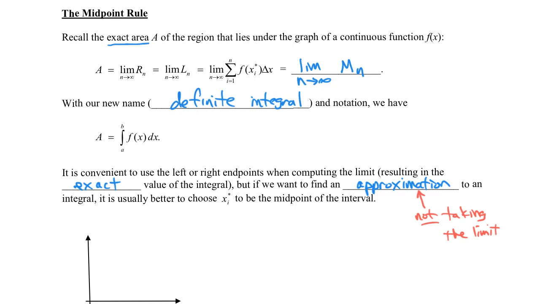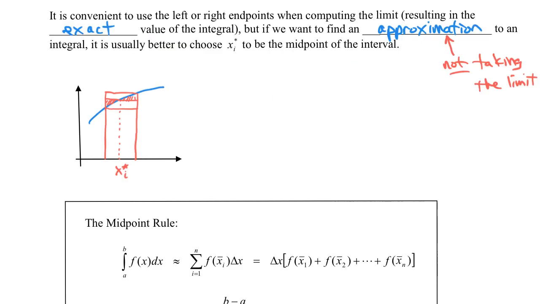Well, we're going to find out that sometimes these limits can be an absolute nightmare. So sometimes the best you can do is get an approximation, right? So sometimes you might set this up, you try to take the limit, and you're like, there's no easy way to take that limit. So there is often an easy way to get an approximation. And you can make it as accurate as you want, as long as you're willing to put in a little bit more work. So we're going to take a look at this midpoint rule.